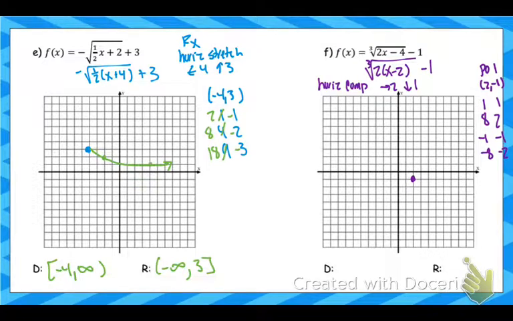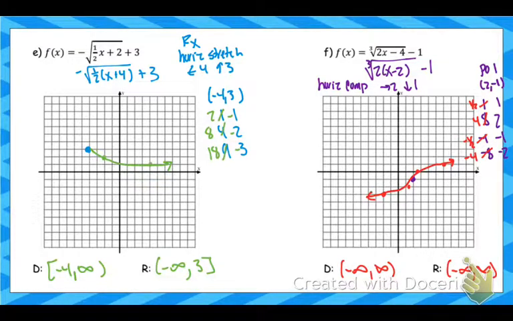Again, we are making that x distance smaller. So I am multiplying those x's by 1/2. So I'm going to go right 1/2, up 1, right 4, up 2, left 1/2, down 1, and left 4, down 2. Domain and range are negative infinity to infinity.